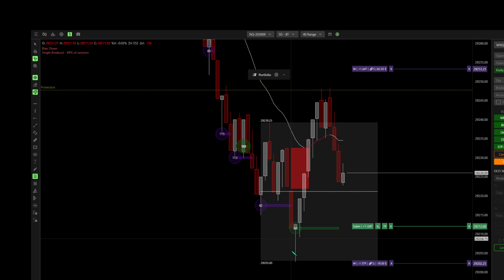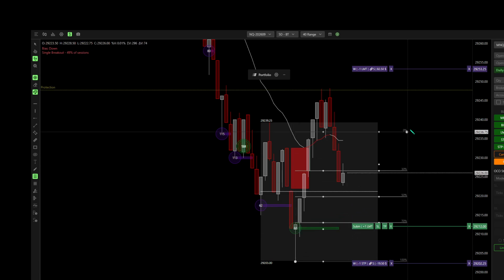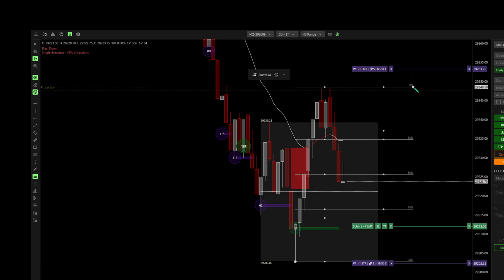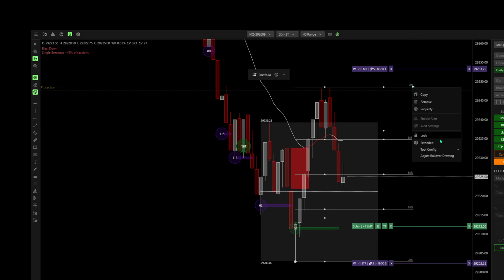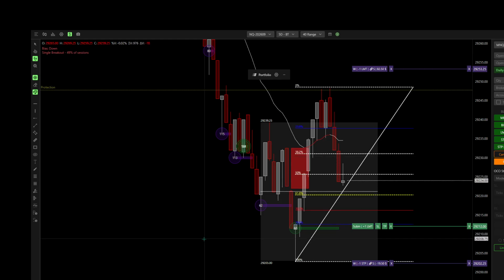Sometimes what's interesting is if you're a fib trader, you've got this swing high, and this is at 78. This is a little more than nearly an 80% retracement of this swing range.